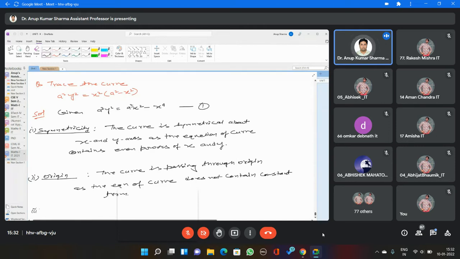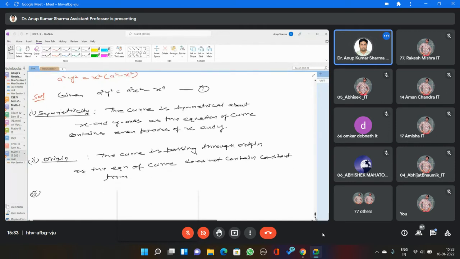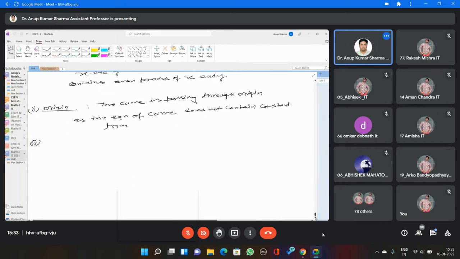And third, now we see the tangents at the origin.